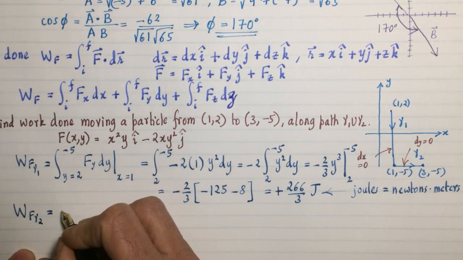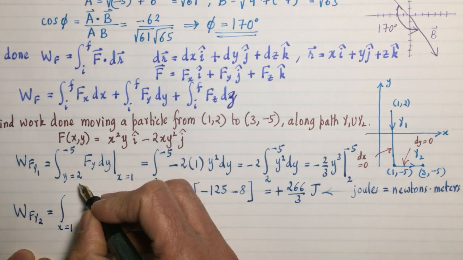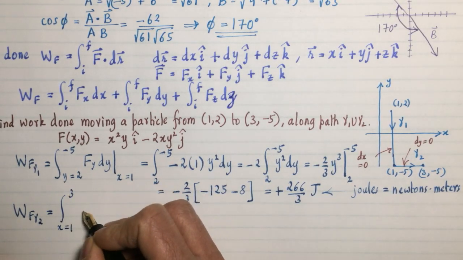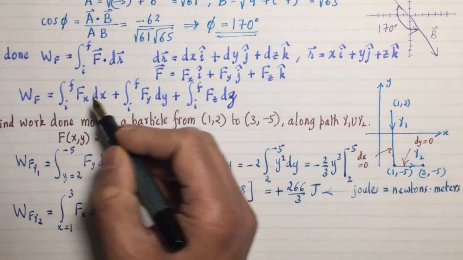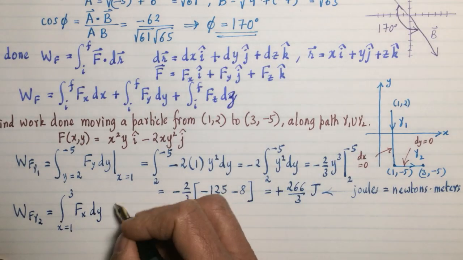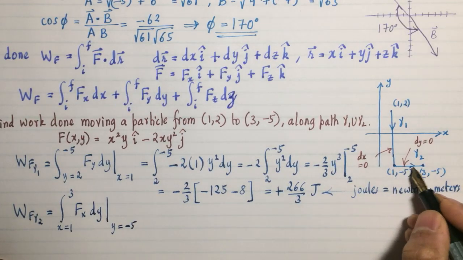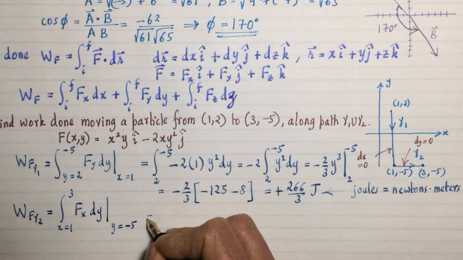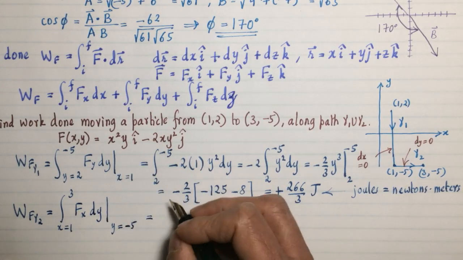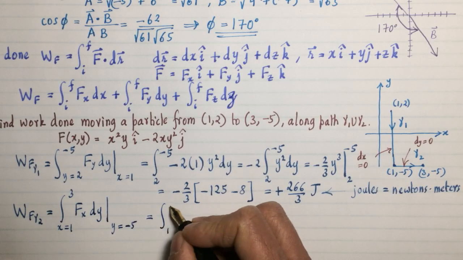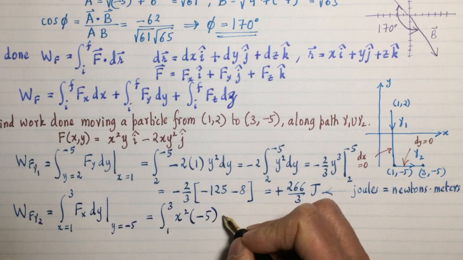So work done by the force along gamma 2. This time x will go from 1 to 3, but y will remain where it is. So that's going to be Fx dx. I'll only get the term Fx dx because dy is 0 and dz is 0, at the value y equals -5, because y is staying at -5 down there. Let's work it out. Fx is x squared y. So this is going to be the integral from 1 to 3 of x squared, but the value of y is -5, dx.